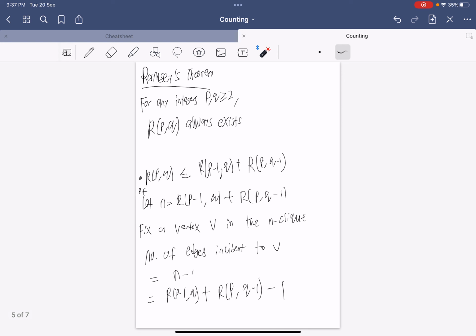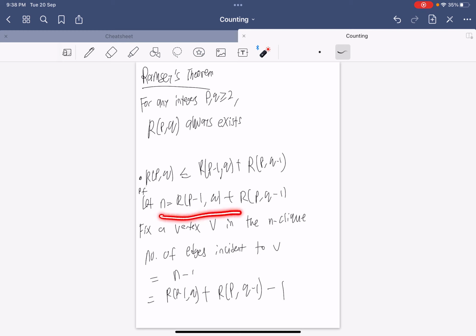So, we want to prove that the Ramsey number is always smaller than this number. And since the Ramsey number is the smallest number for a clique to have at least a P or Q subclique in the respective colors, we just need to show that this number fulfills that condition, that there will be at least a P blue clique or Q red clique.